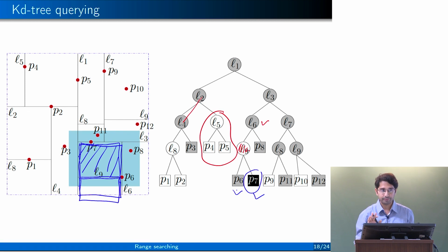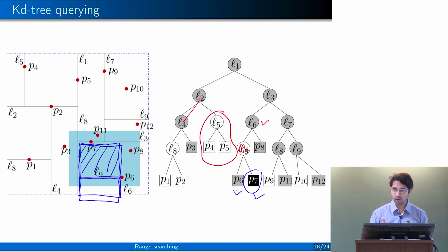Is it clear? There can be three cases. Each vertex has a rectangle associated with it. If the query intersects that rectangle, it becomes grey. Intersects, not contains. Contains, black.